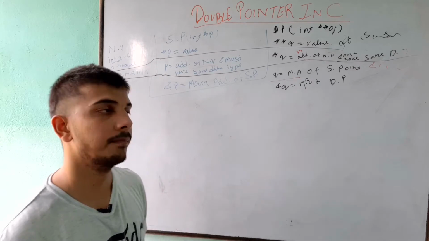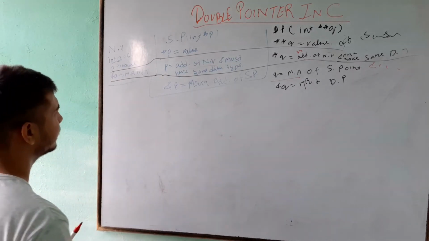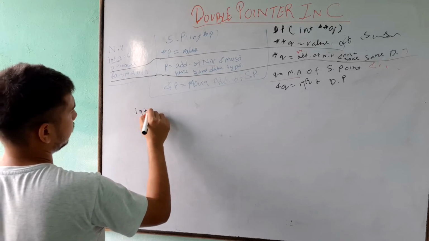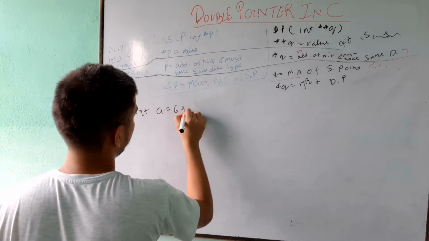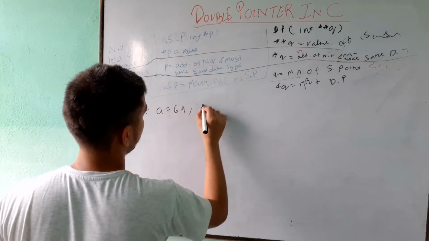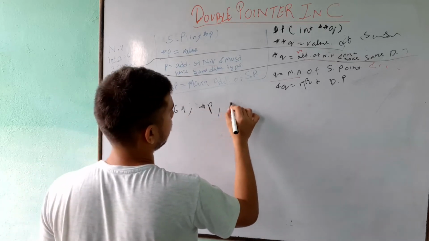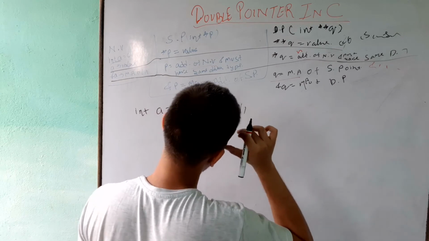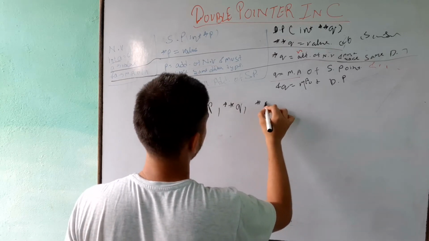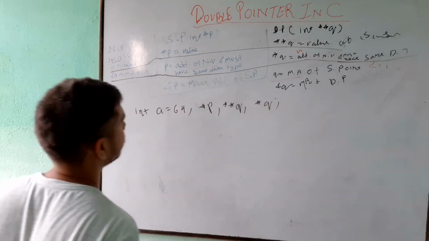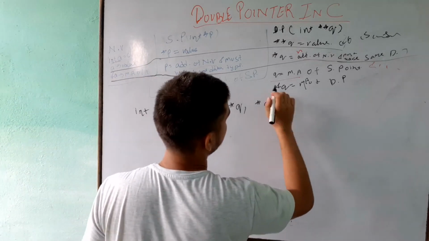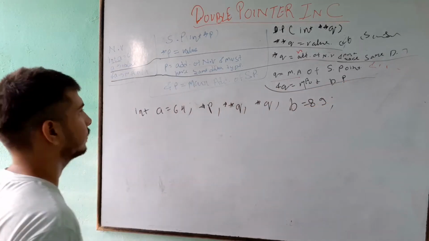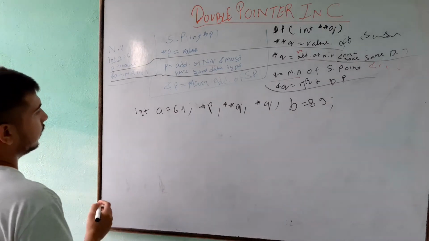Okay, so let's look at the final example. Last example, let's say here is a variable, int a = 64, also a normal variable, and let me make another one, b.